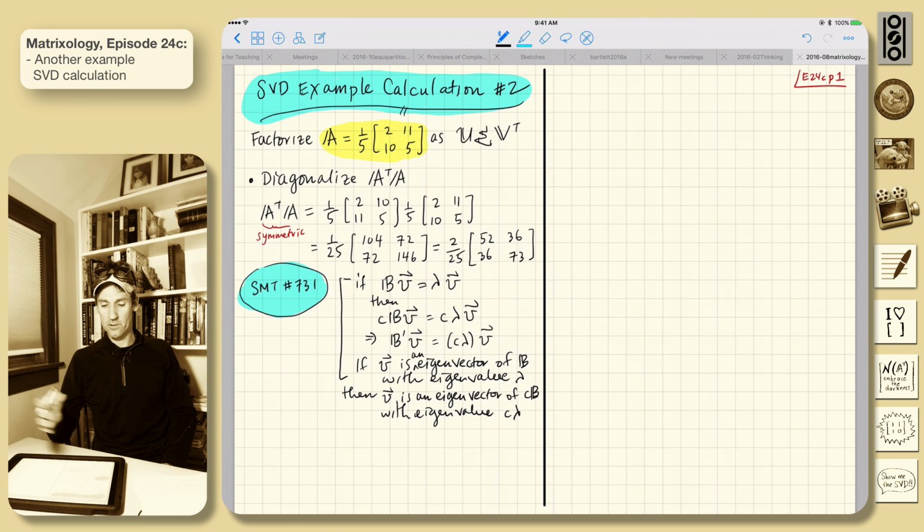So what we'll do is ignore this piece at the front, the 2/25.